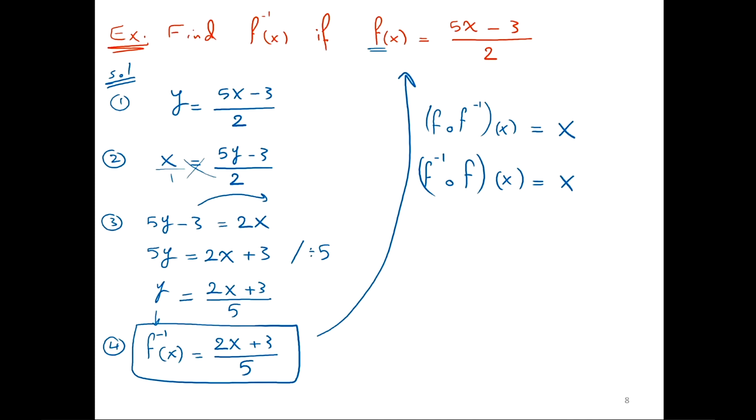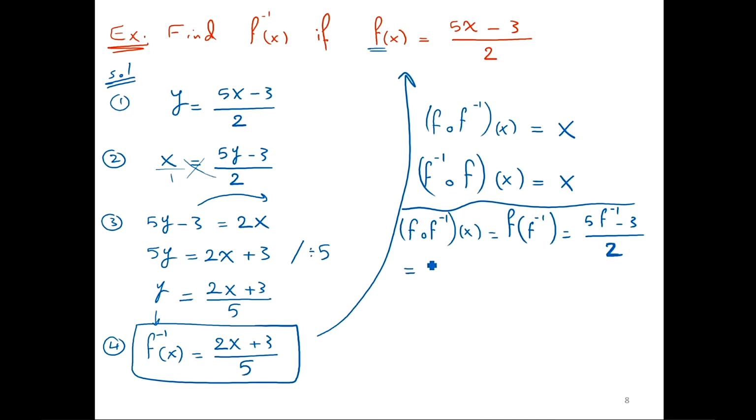Okay. For example, f composite f inverse. Look at this. What's the value of f of x? We need to substitute f inverse. So we have 5 f inverse minus 3 over 2.